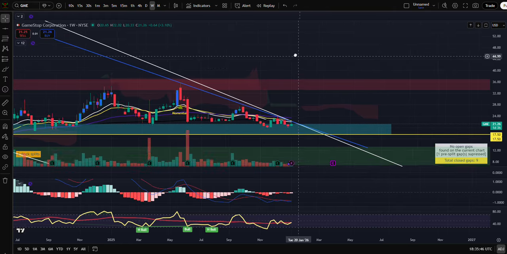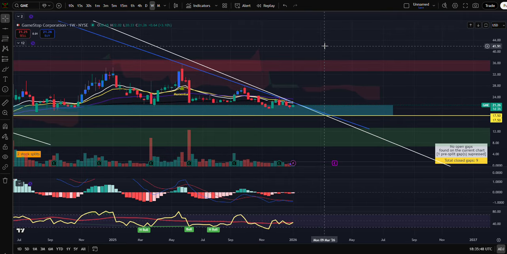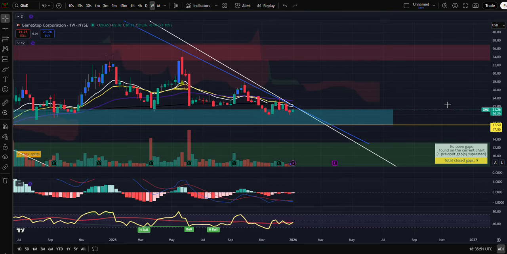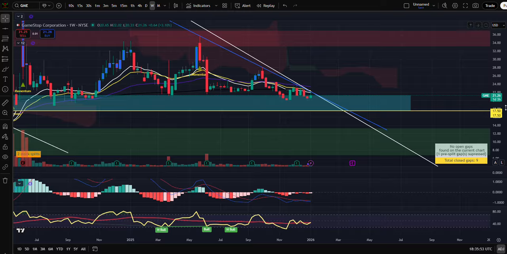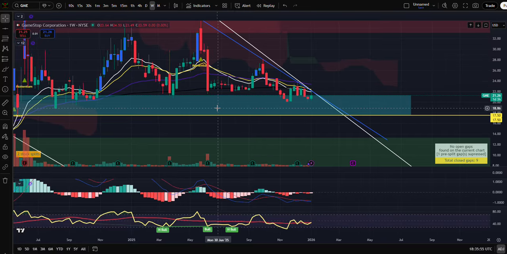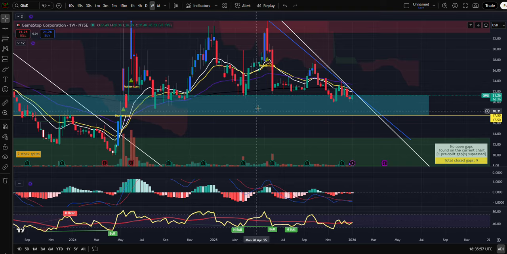Okay, so guys, this is what I see for GameStop, and it's not really anything more difficult than that. We do have this area which I've got highlighted in a greenish color. In my opinion, this is a small support which sits between $17.50 and around $21.